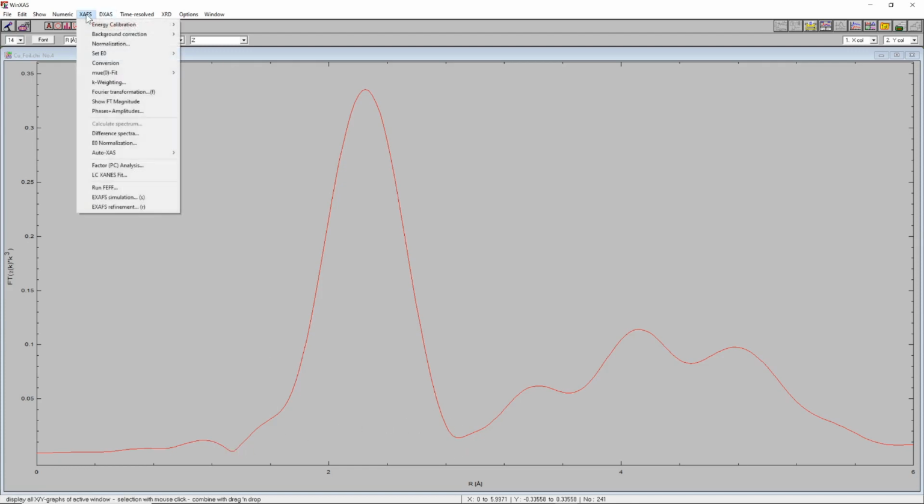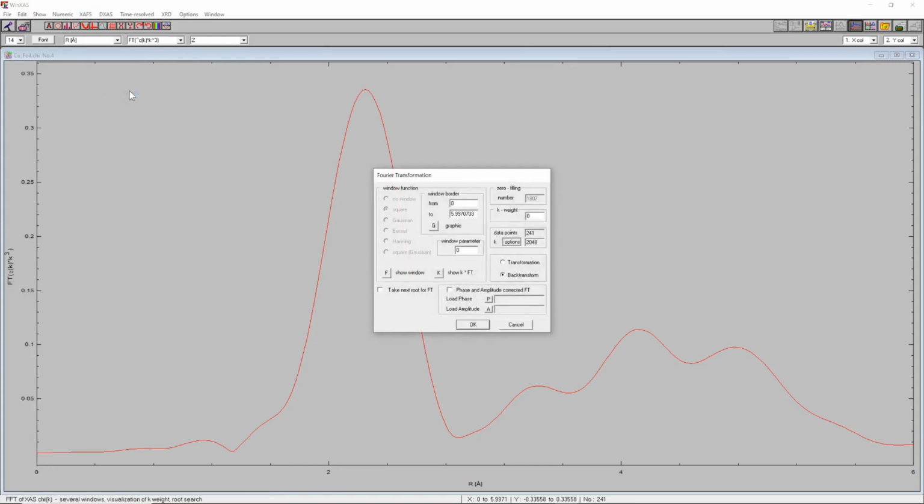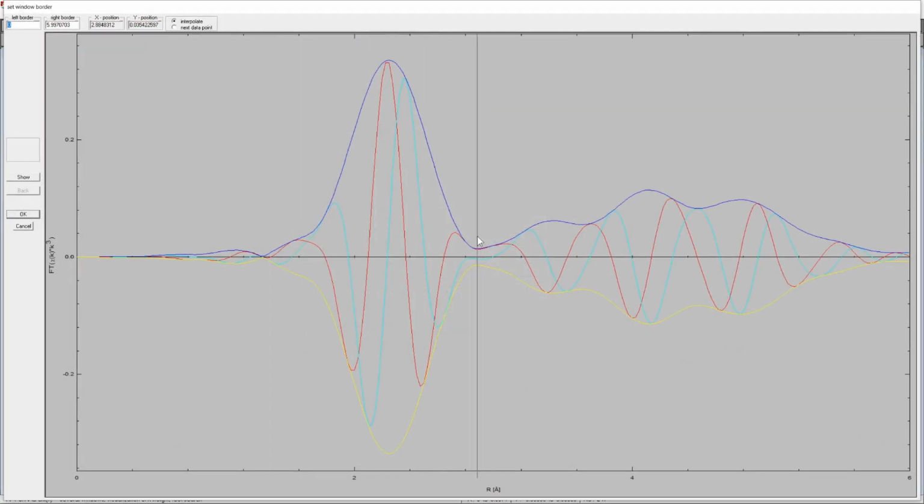So next step is now we want to back transform only the first shell. For this we go to EXAFS menu again, Fourier transform again, and the program recognizes the Fourier transform already active, and so it assumes that you want to back transform. For the back transformation, you need to select the range that includes only the first shell, only the range that you want to use for the back transformation.